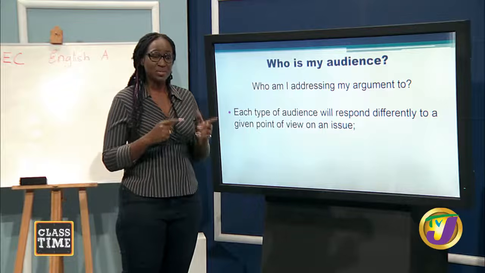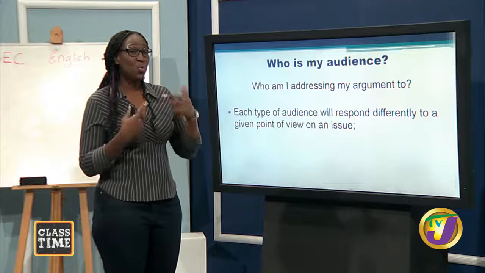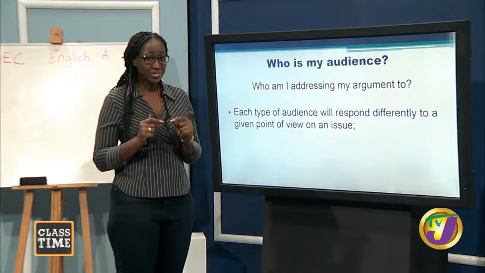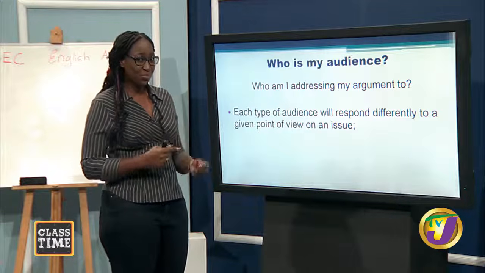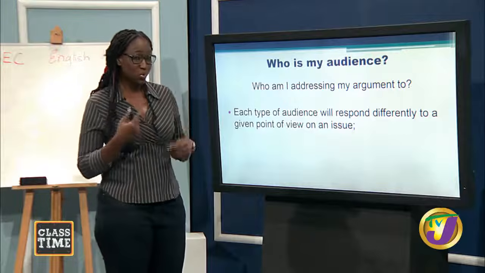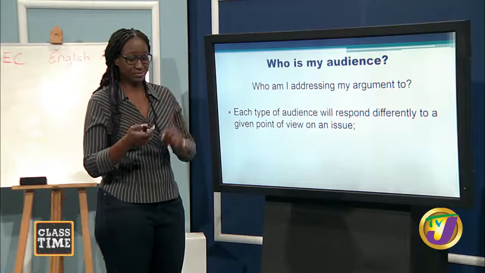What should appeal to somebody in that perspective? So you need to know who your intended audience is, and based on that, you'll know how to go about your persuasive writing. What will appeal to this particular type of person?